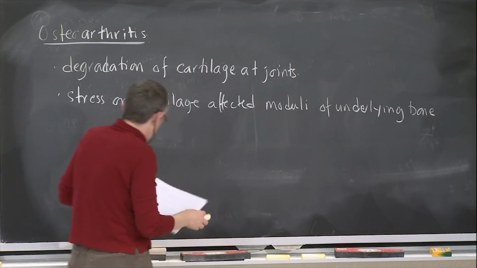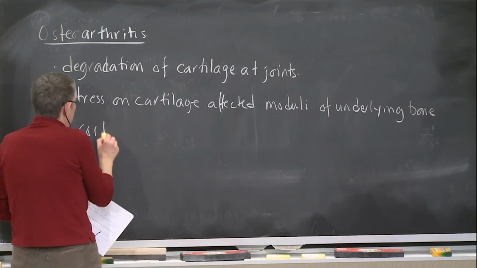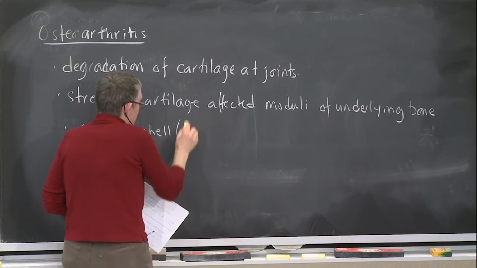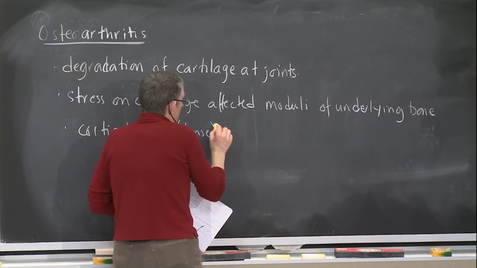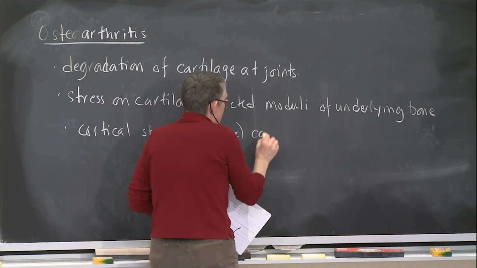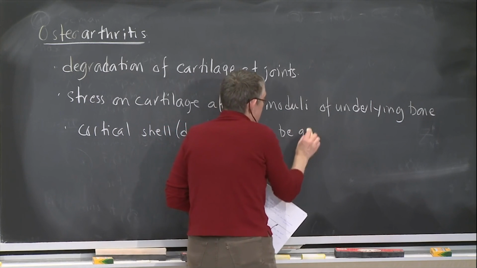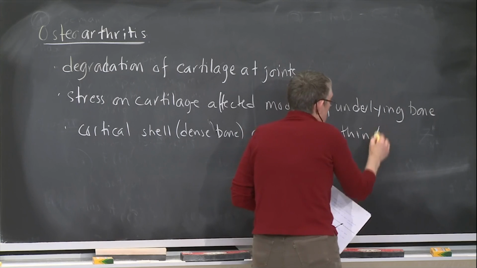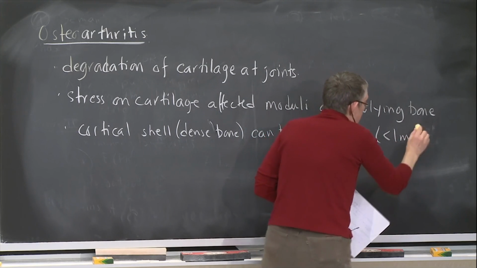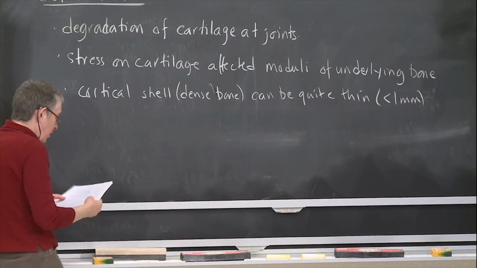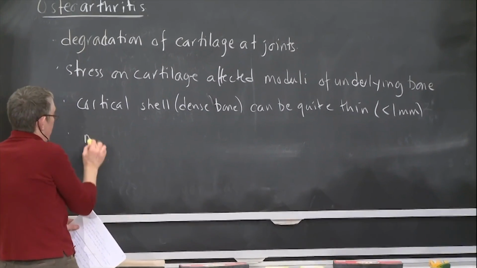And the cortical shell, the totally dense bone, can be quite thin. So the mechanical properties of the trabecular bone can affect the stress distribution on the cartilage.